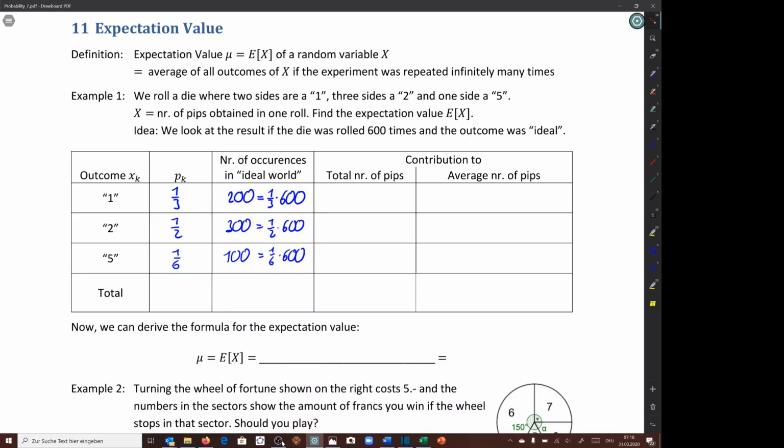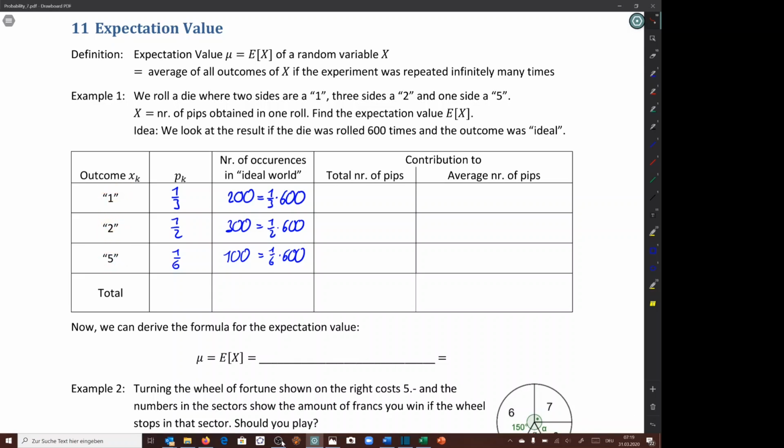To find the average of x, this means the average number of pips obtained in our experiment, we have to find the total number of pips in the 600 rolls, and then we can calculate its average. So let us find how many pips we got due to the result 1, due to the result 2, and due to the result 5.